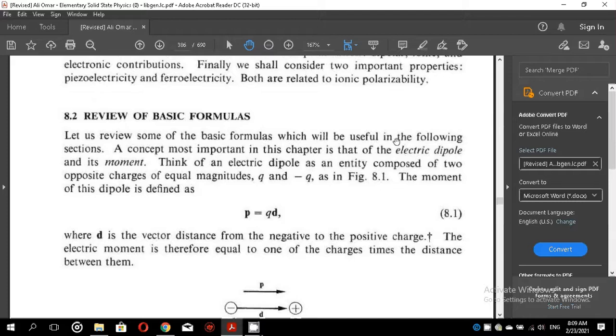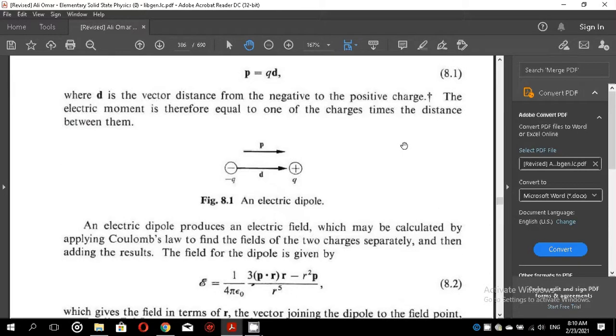Think of an electric dipole as an entity composed of two opposite charges of equal magnitudes, q and minus q, as in figure 8.1. So here are two charges, equal in magnitude, minus q and plus q, separated by displacement d.